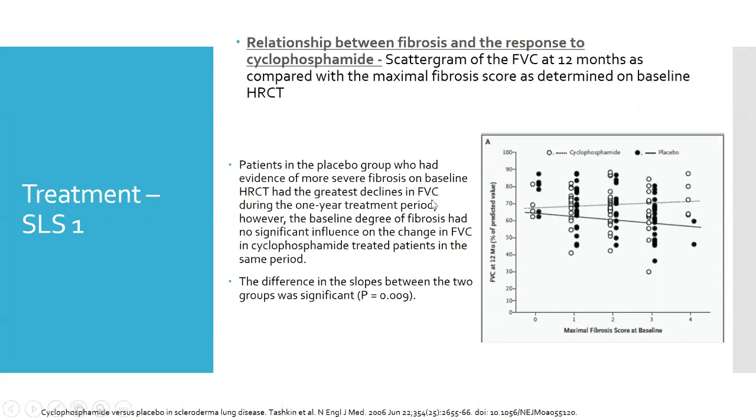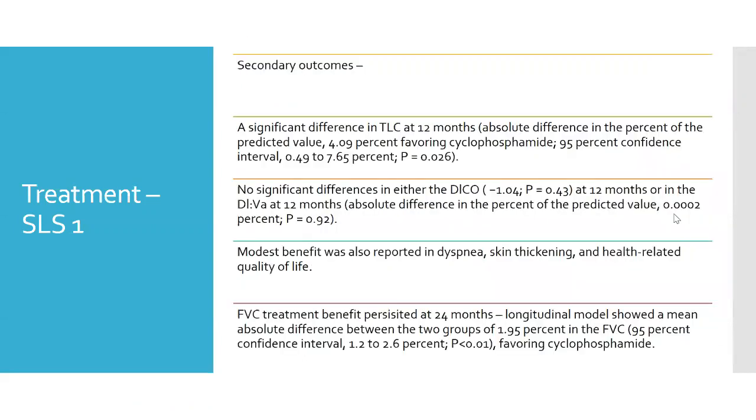What was seen was that in the placebo group, patients with more severe fibrosis had worse FVC at the 1-year period. But in patients on cyclophosphamide, their degree of fibrosis was really not dependent upon their FVC change. So irrespective of their degree of fibrosis, they showed improvement in FVC. This was important because the relationship between the degree of fibrosis and cyclophosphamide was kind of important.